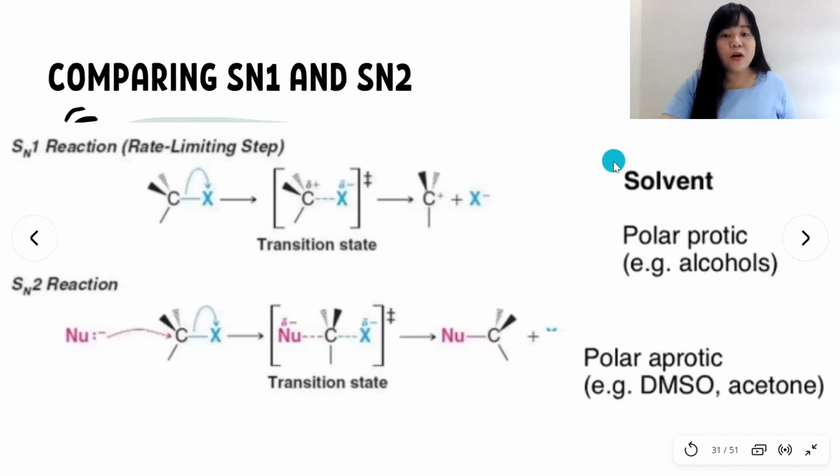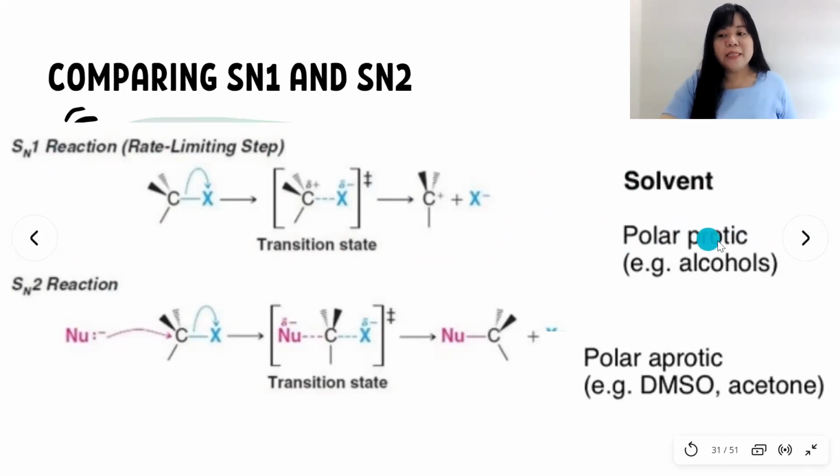Also, in terms of the solvent system where the reactions are taking place, SN1 reactions prefer polar protic solvents. Polar protic means that they're polar, meaning there are partially positive ends and partially negative ends to the molecule.